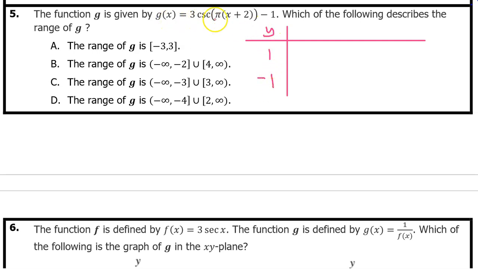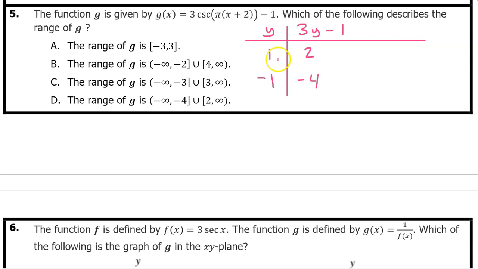The only transformations that will affect the y values are the ones that occur outside the trig functions, the vertical dilation by a factor of 3 and the vertical translation by -1. So the new y values will be 3y minus 1. 3 times 1 is 3, minus 1 is 2. 3 times -1 is -3, minus 1 is -4.